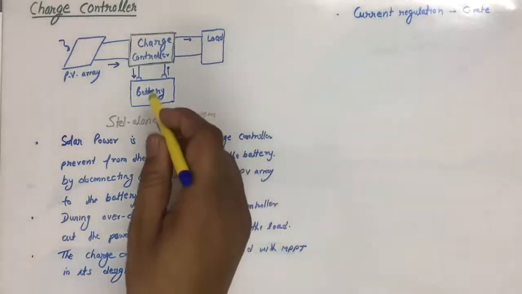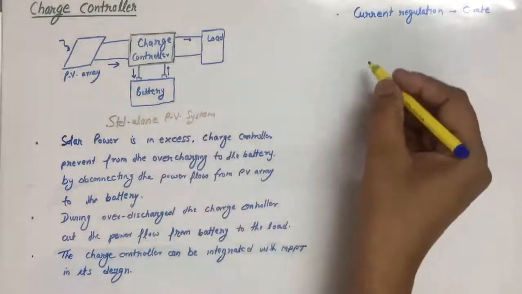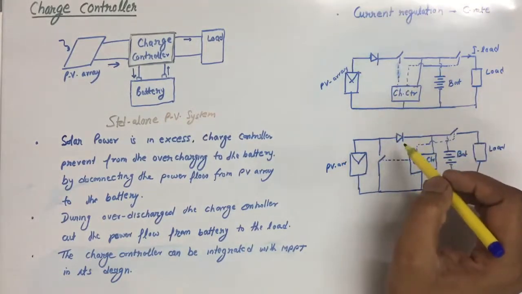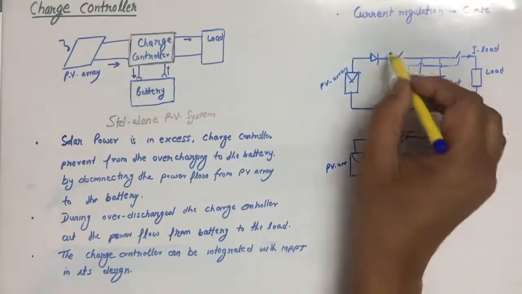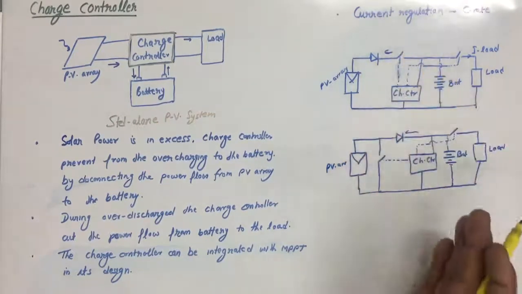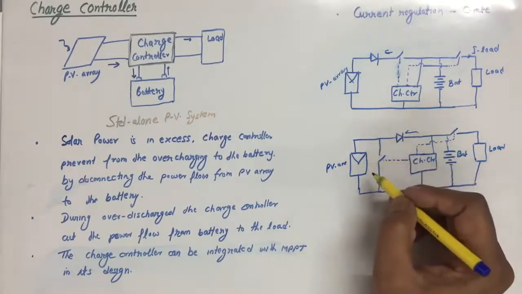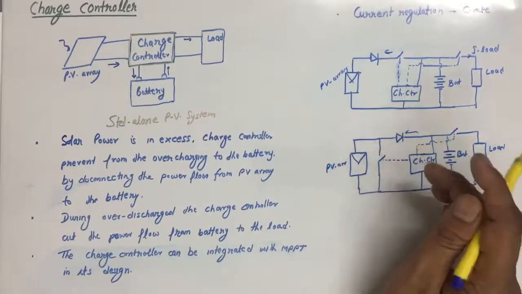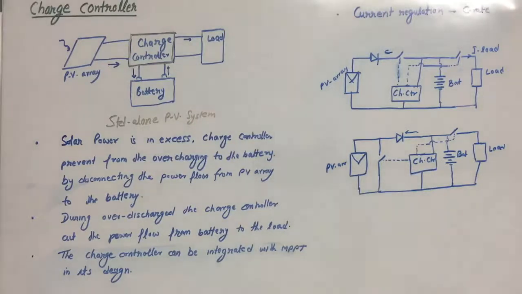This becomes possible by the use of the blocking diode implemented in the charge controller. Blocking diodes are used to prevent back discharge of the battery through the PV array. This function is also integrated these days in the charge controller.